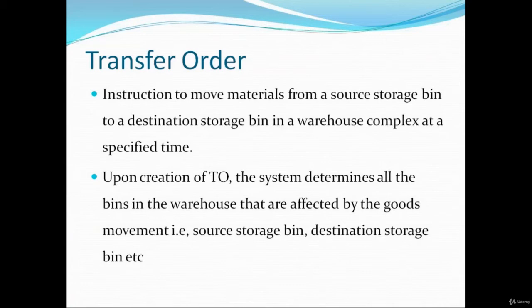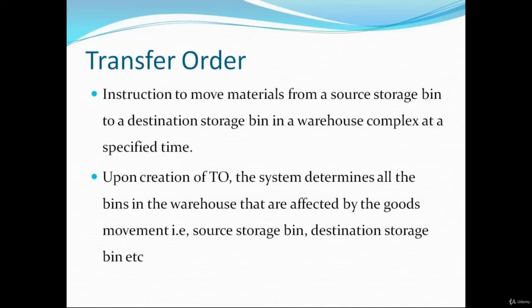Once the transfer order is confirmed, it is impossible to cancel the transfer order. So instead of canceling the confirmed transfer order, you need to create a new transfer order and confirm it back. For example, if you create a transfer order to move the material from A to B, and the warehouse operator has done the movement and confirmed in the system that he has moved the material from A to B, that means at the confirmation stage the material is in B, and then it is not possible in the system to cancel the transfer order.